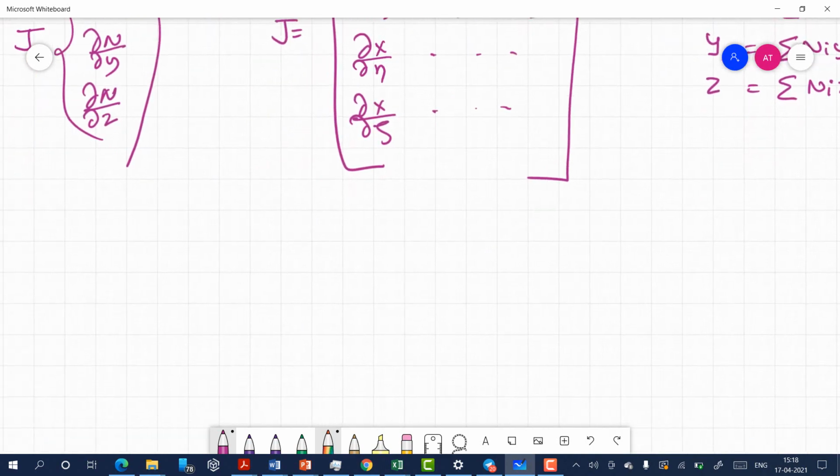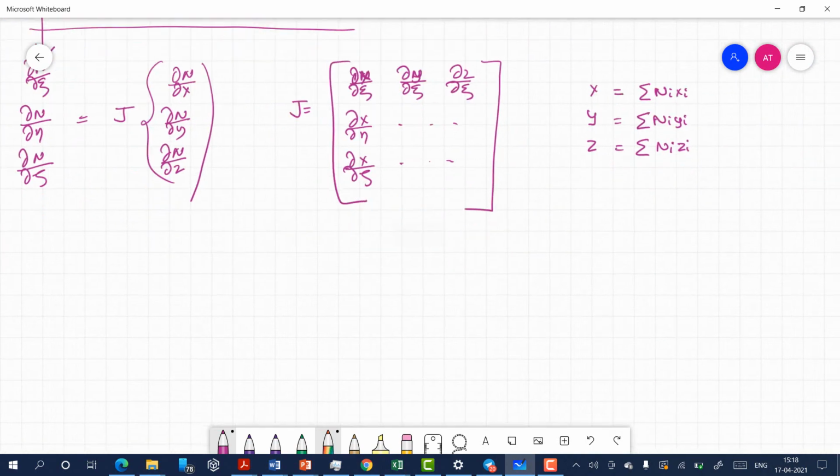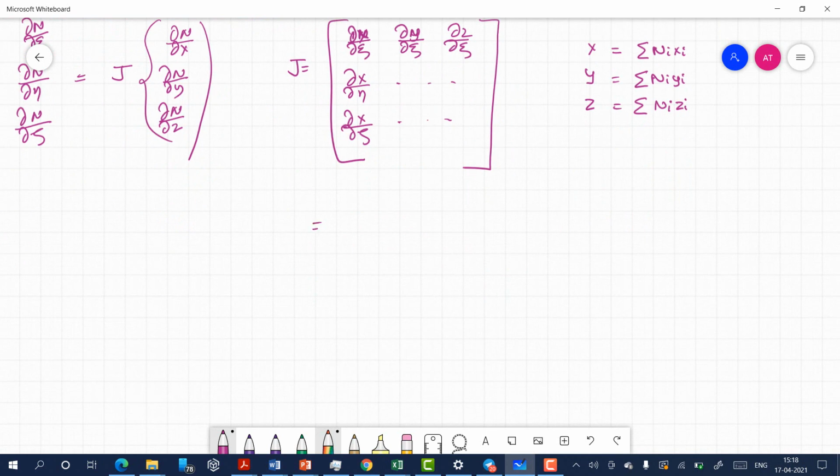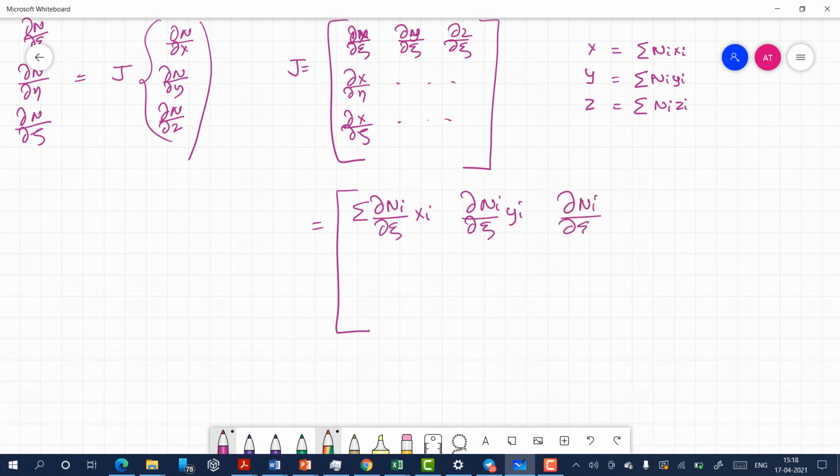So this Jacobian I can write as summation of del n i by, so x I can write as n i x i, so del n by del zeta into x i's, del n i by del zeta y i, del n i by del zeta z i, right, and so on.